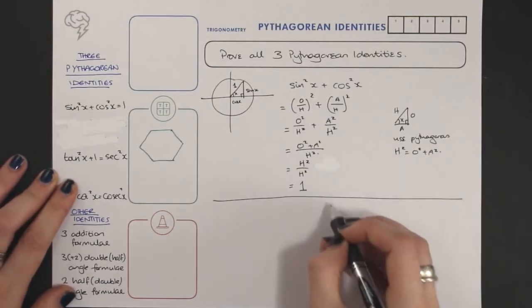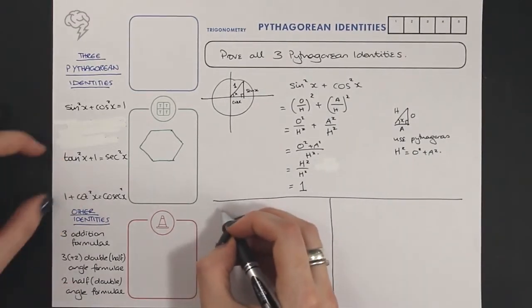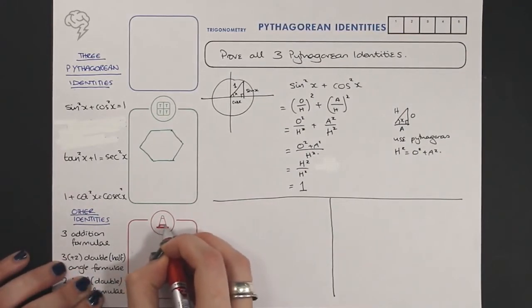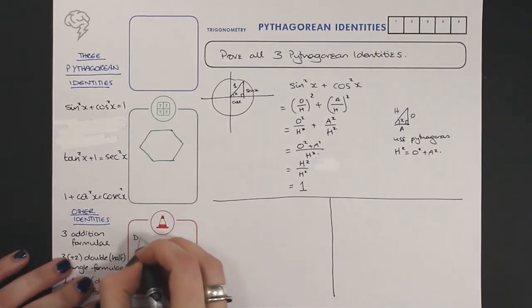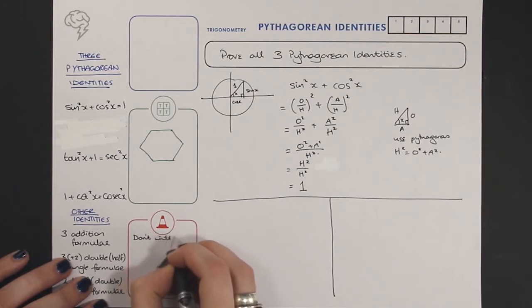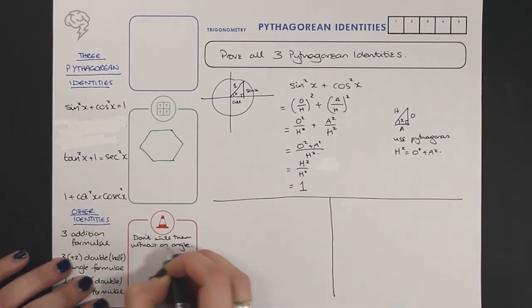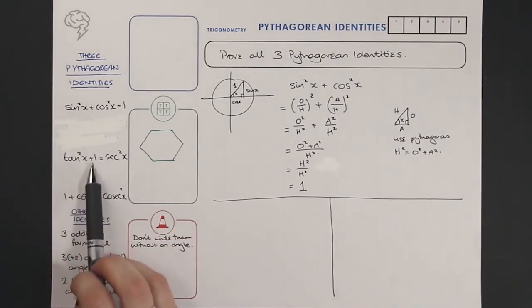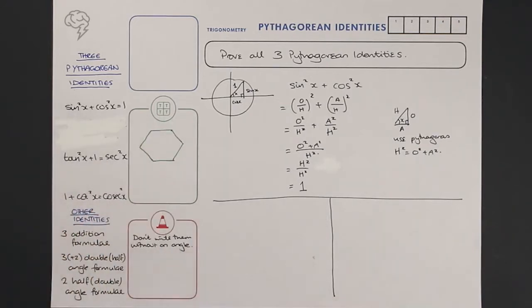Now, we're going to use sine squared plus cos squared is 1 to prove the other 2. And I'm just going to reference, because I just did it myself, one of the little warning things with these identities, which is don't write them without an angle. If your teacher says tan squared x plus 1 is sec squared x and sine squared x plus cos squared x is 1, they're a really good teacher, because I don't know anyone that says that.